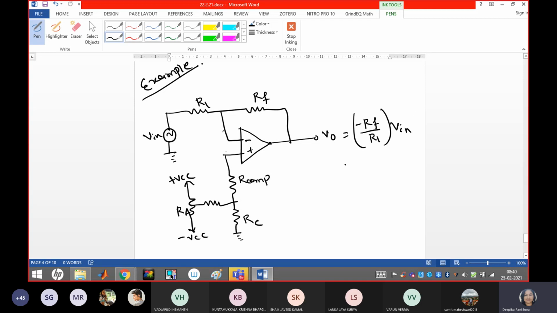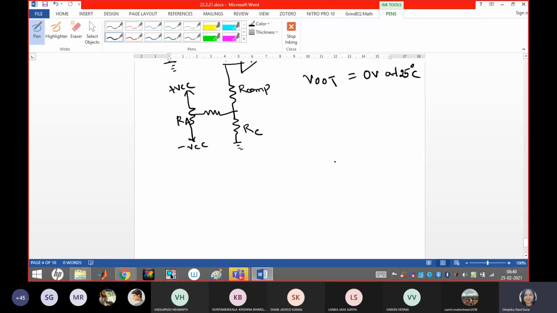And here VOOT is nullified at 0 volt. One temperature has given 25 degrees centigrade. So this figure is for the compensated inverting amplifier. Okay.